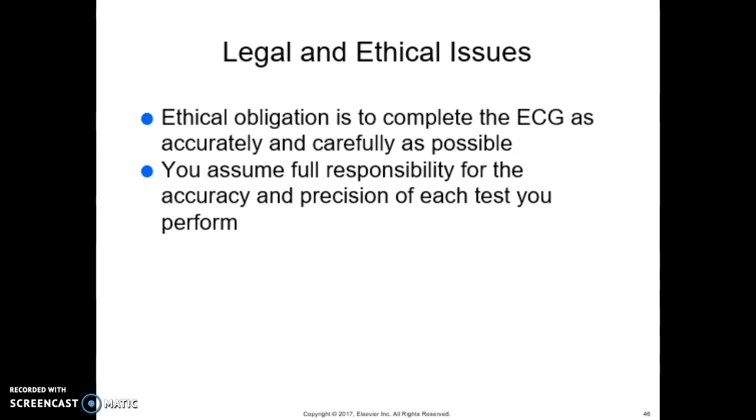Also, you assume full responsibility for the accuracy and precision of each test you perform, which means that you used all the information that you knew, you looked for the artifacts, you did everything correctly, and that is fully your responsibility to do so. The results you submit strongly influence each patient's therapeutic treatment plan. So it's not something to take lightly. You want to make sure that you understand and do everything correctly to the best of your knowledge and skills.